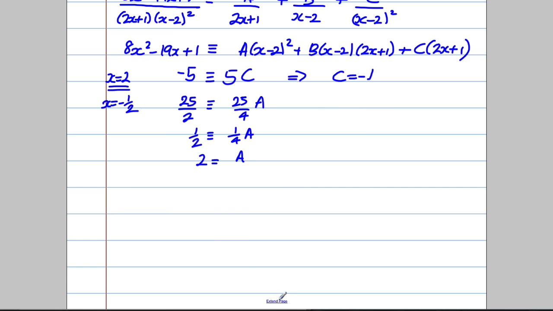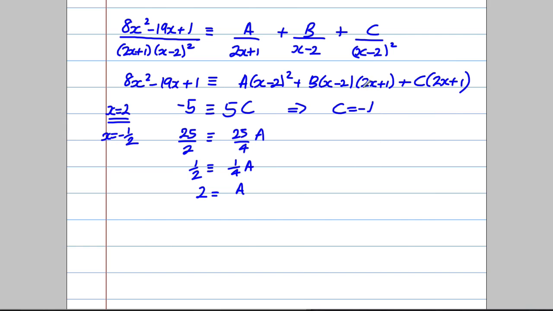Okay, so I've got A is 2, all I need to find is B now. So I would let x be equal to 0, for example. This whole thing would be equal to 1. So what I would have here is A was 2, and I would have 0 subtract 2, which is negative 2 squared, plus B, which we don't know. Putting in 0 here, that would be negative 2 multiplied by 1, and putting in 0 here, it would be whatever C is multiplied by 1, so plus negative 1 multiplied by 1.